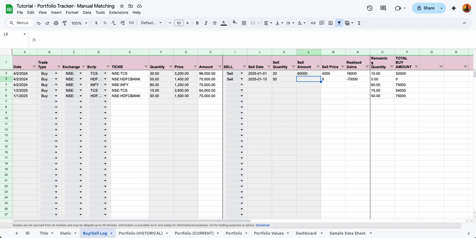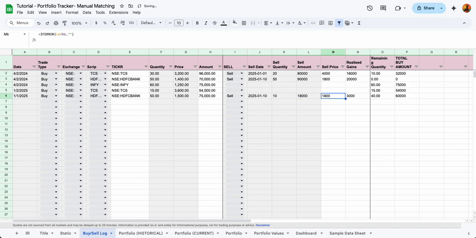In here, the one change you'll have to do is, instead of the sell price, you'll have to input the entire sell amount. Assuming I'm selling it at 1800 rupees per share, I input 90,000 rupees for the sell order in here. And in the second lot of HDFC Bank, I sell the remainder 10 stocks. This would be 18,000 in here.